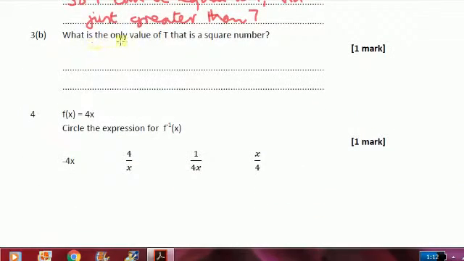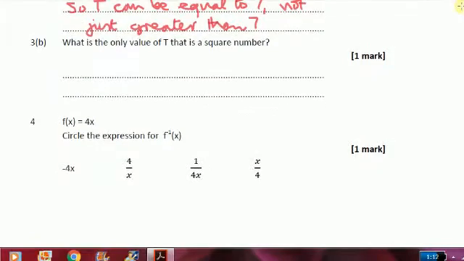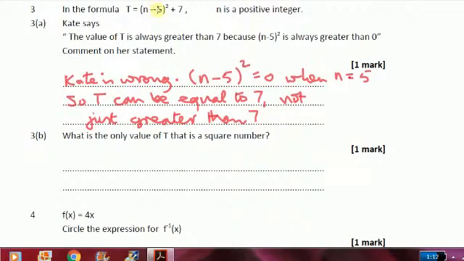Next part, part B, what is the only value of t that is a square number? So looking at t there equals n minus 5 squared, of course, n minus 5 squared is a square number, plus 7.